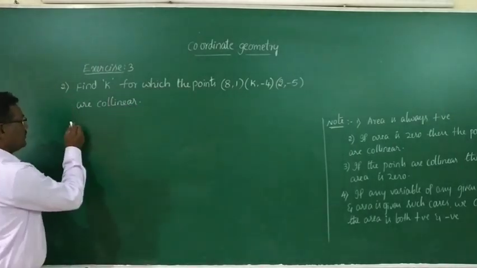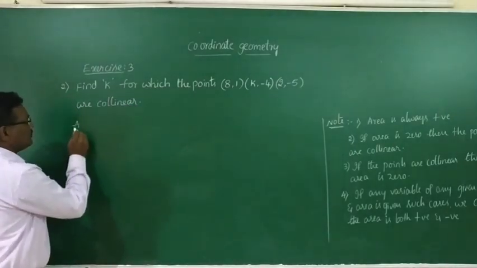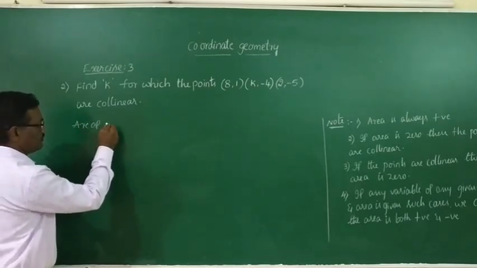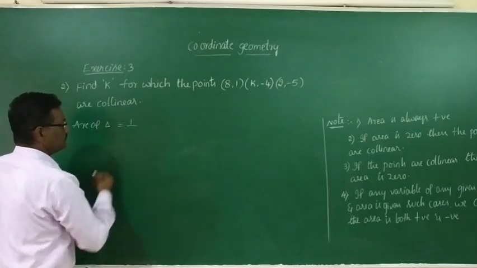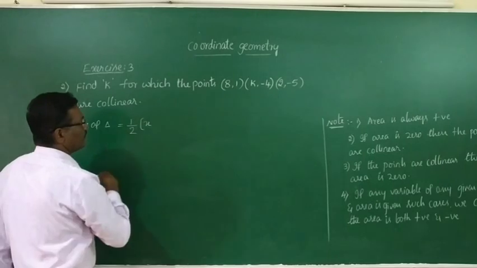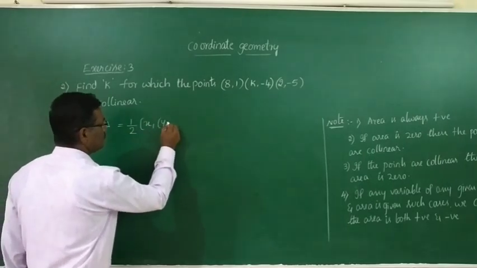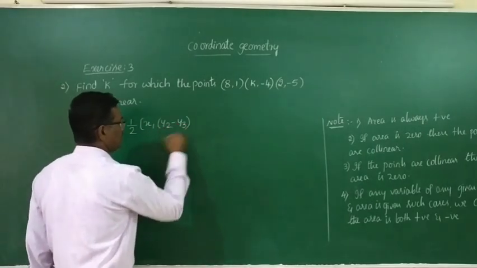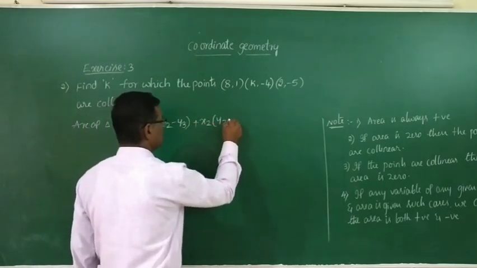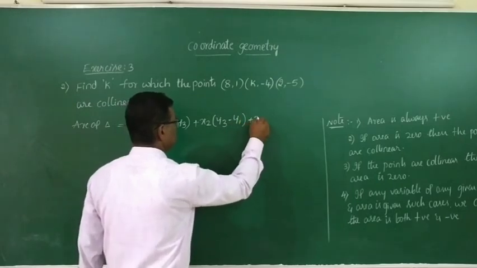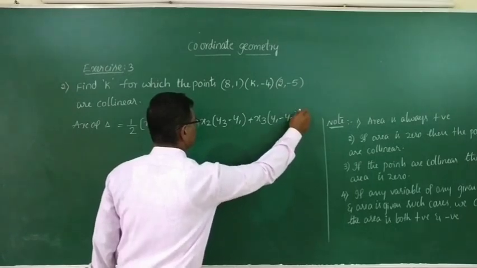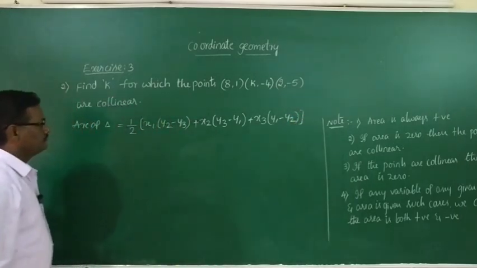Yes. Here, area of triangle formula is half into x1 into y2 minus y3 plus x2 into y3 minus y1 plus x3 into y1 minus y2. This is the formula we have.